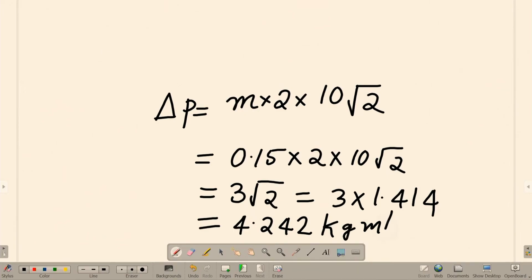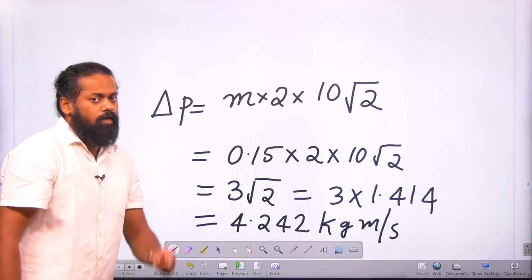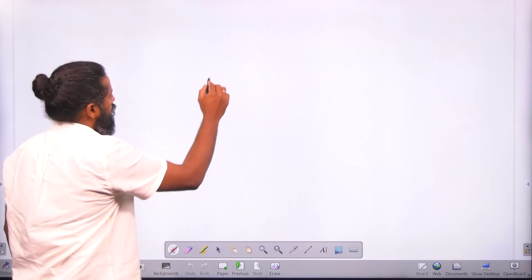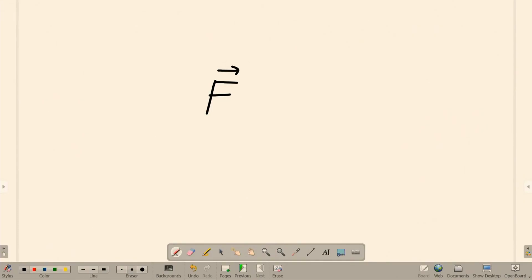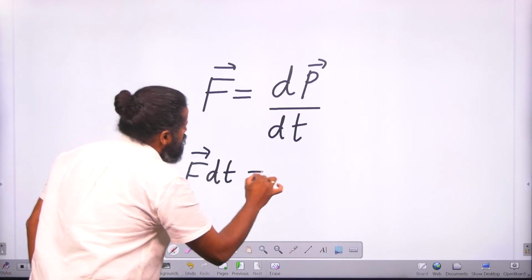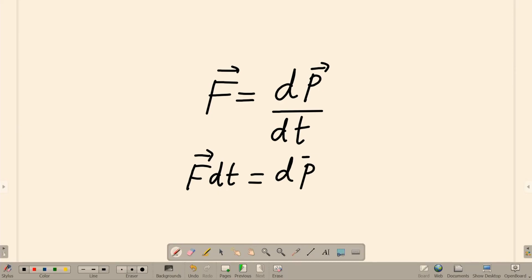Now, what is the logic? In the question they are asking for the impulse. What is impulse? As per the second law, the force acting on a body is equal to dp by dt, the rate of change of momentum. So when you multiply force by dt, it gives you the change in momentum.